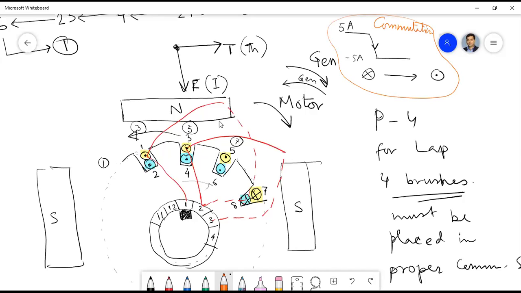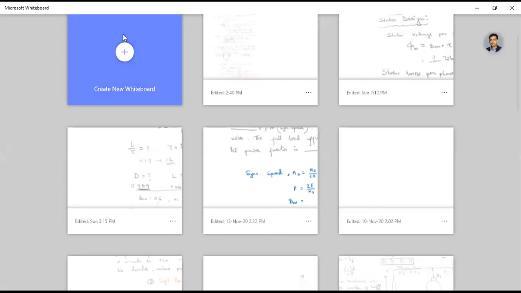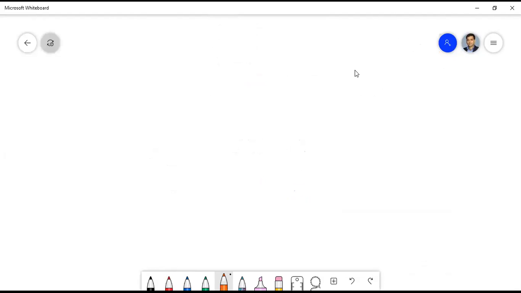Any point you have here? So if you have understood this, then I will open a new code. Sir, could you write the definition so that I can summarize and write down the definition of commutation?